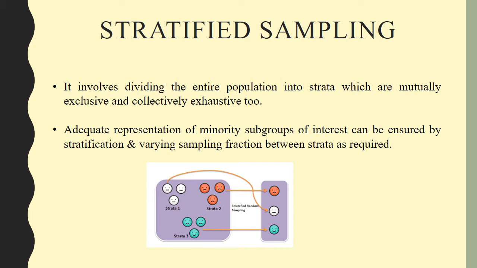Okay, we can consider one example here. The researcher may be interested in knowing the average monthly sales of cell phones in large, medium and small stores. So here the researcher can divide the strata into large stores, medium stores and small stores, and based on that see how much average monthly sales of cell phones happen.